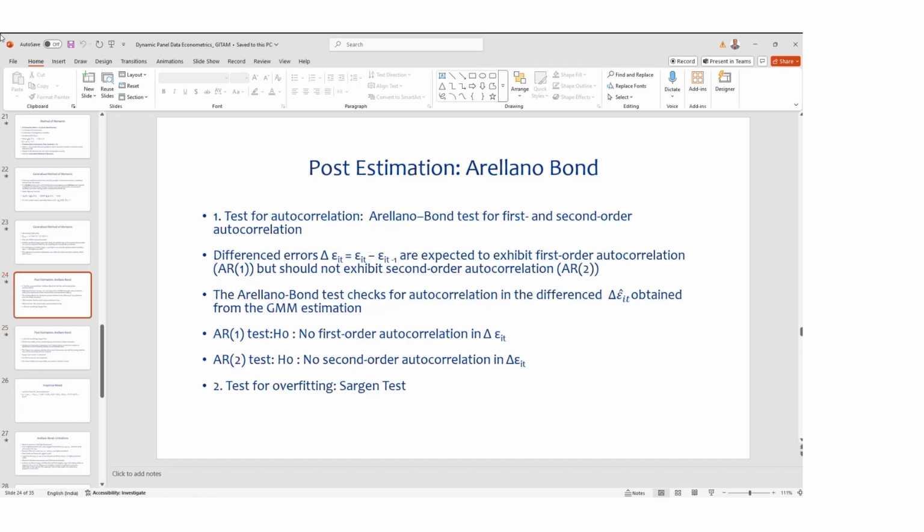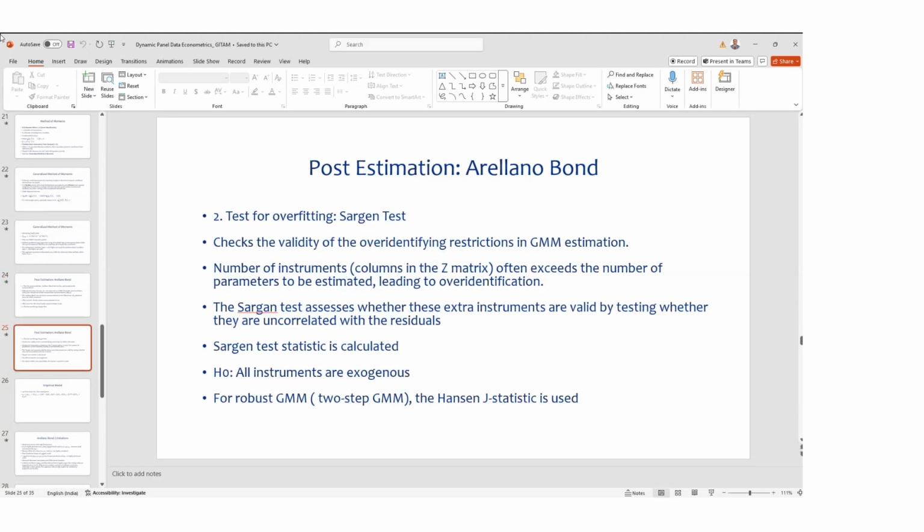Once you test this Arellano-Bond model, we do a test for autocorrelation to see if there are second order, if there is an AR2 term also. The condition is that you need AR1, no AR2.